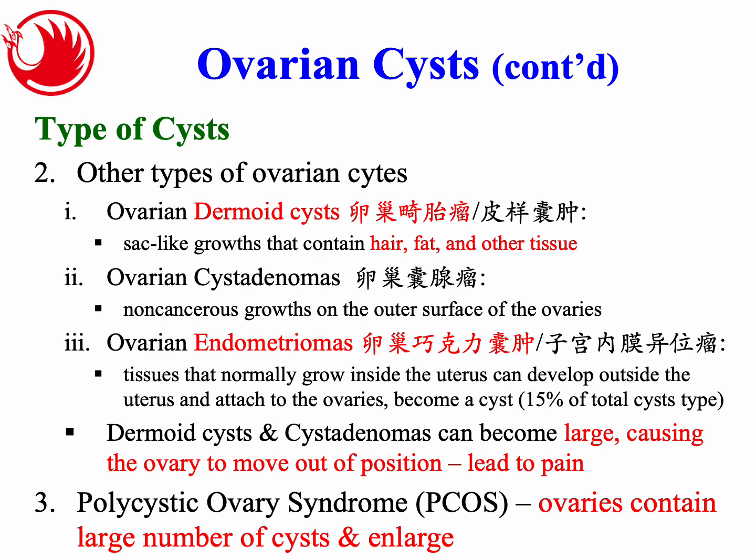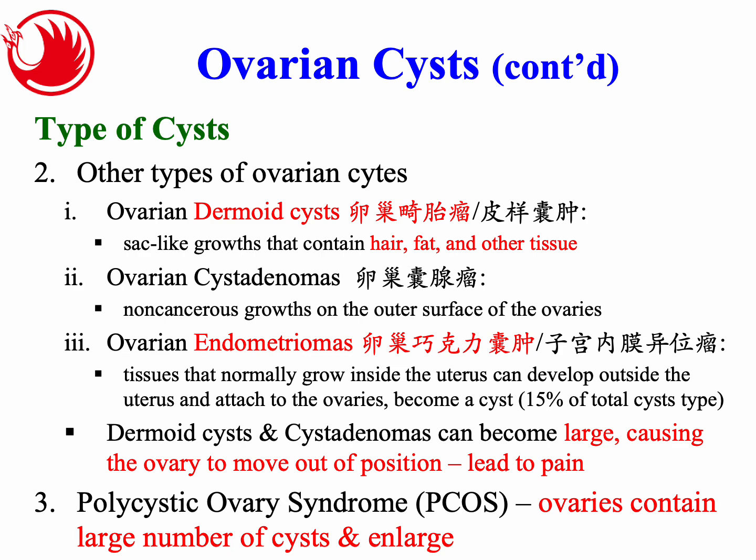The next one is PCOS, polycystic ovarian syndrome. This is a condition where the ovary contains a large number of small cysts, which grow and become larger. They are tiny fluid-filled follicles.